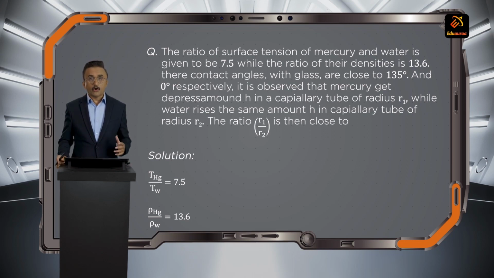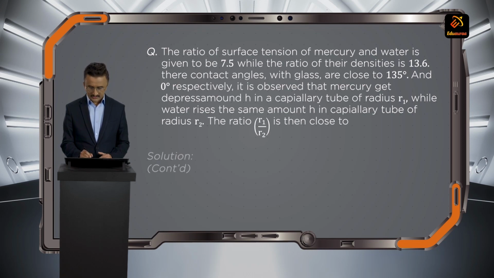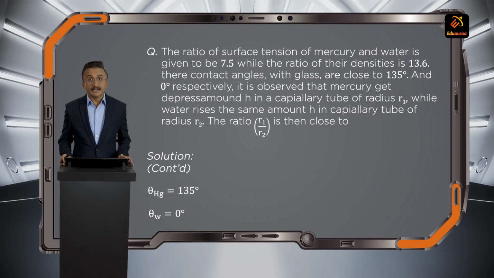The angle of contact for the mercury, theta for mercury, is 135 degree. And the angle of contact for the water is 0 degree.